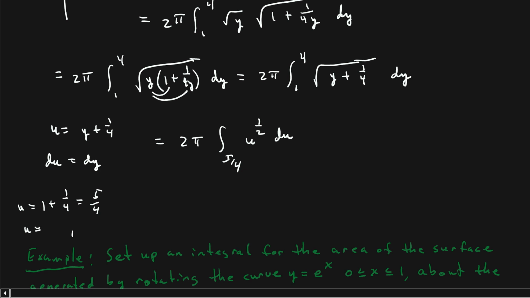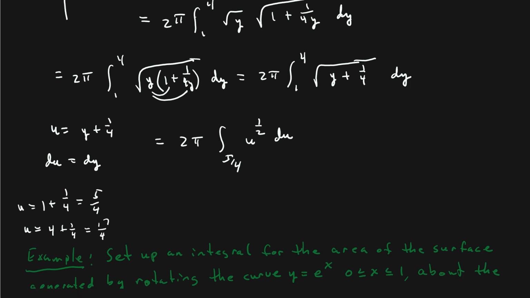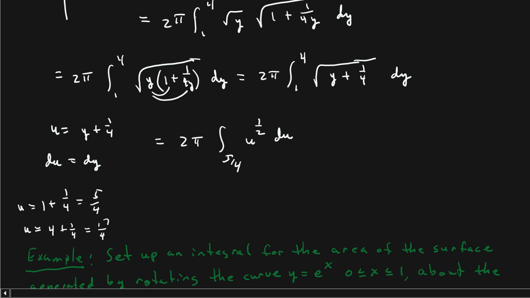No, I'm sorry. u is 4 plus 1/4. So that's going to be, what was that, 17 over 4? All right, 17 over 4. And so that's going to be 2 pi times u to the 3/2 times 2/3 from 5 over 4 to 17 over 4.